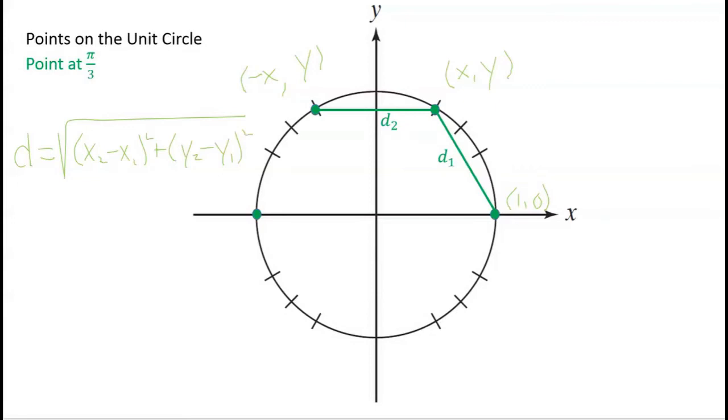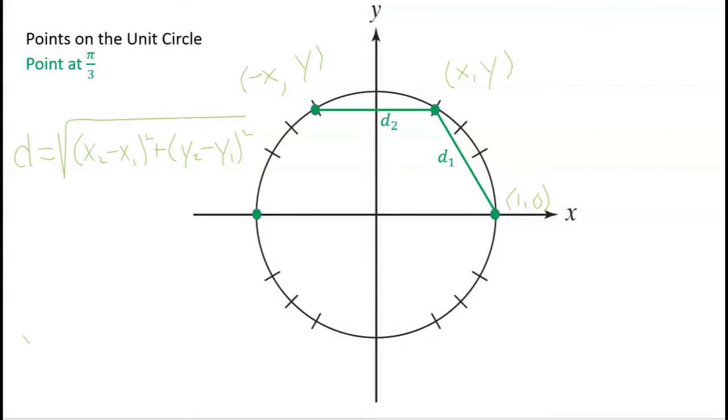So when I say the distance between these two, one of my x's is x, one of my x's is 1, and one of my y's is y, and one of my y's is 0. That's for D1. And then for D2, when we subtract the x's, I'm doing x and negative x, and y and y.